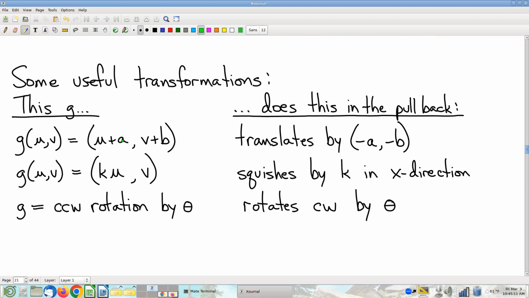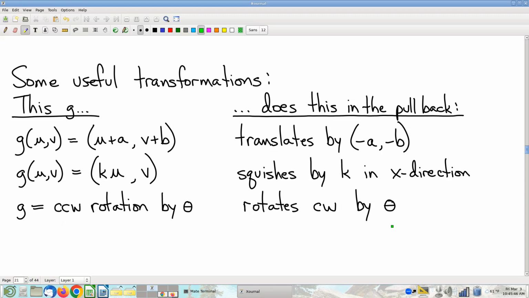But if your change of variables function translates by a vector (a, b), when you pull back, effectively your domain is going to get shifted backwards, and thus shifted by (-a, -b). And likewise, a stretch will turn into a squish. And a counterclockwise rotation will effectively accomplish a clockwise rotation. And this is the one I'm going to give you an explicit example of on the next page.